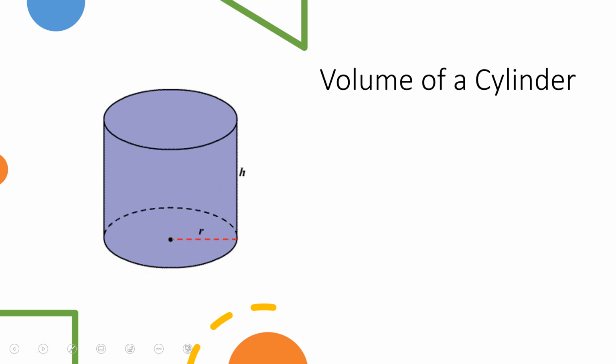So we want to learn about how to find the volume of a cylinder. Over here, I have a cylinder on the side. Using the same kind of idea as a prism, we would find the area of the base, and then we would stack that base multiple times right on top of each other, going all the way up the cylinder until we get to the top to find the volume.